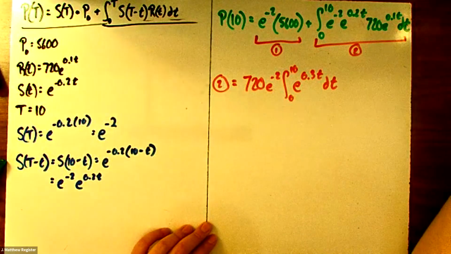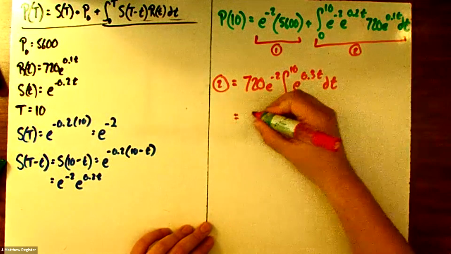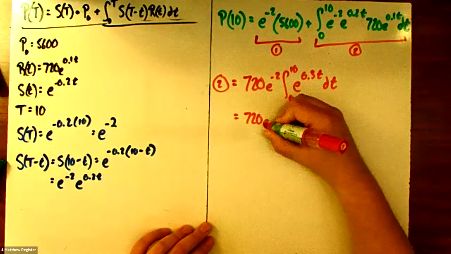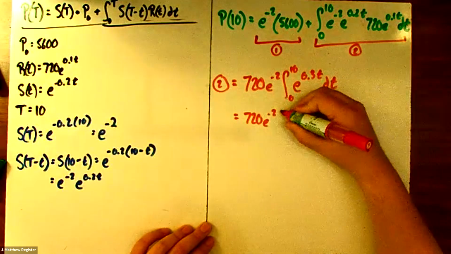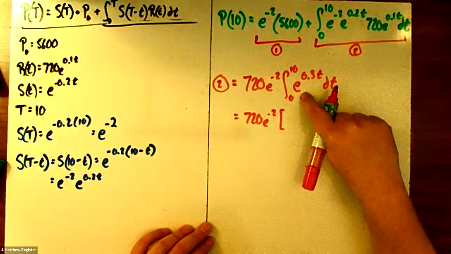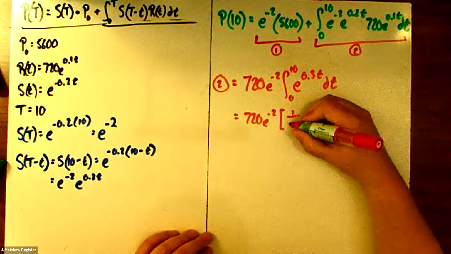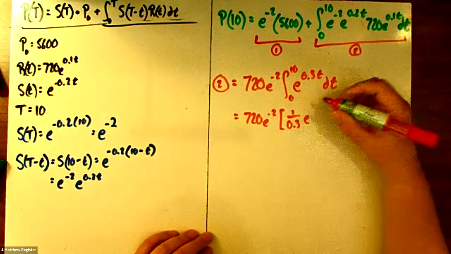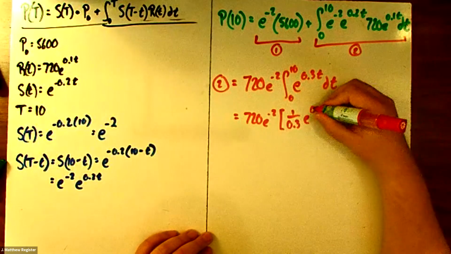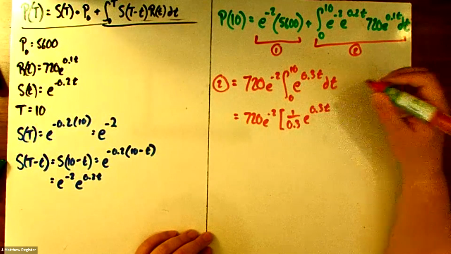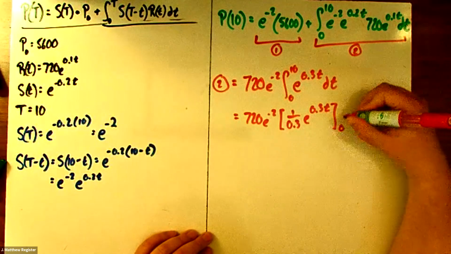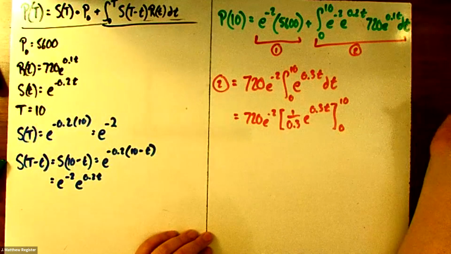And that's something we can integrate. The 720 e to the negative 2 just hangs out. E to the 0.3 t, when we integrate that, we'll get 1 over 0.3 e to the 0.3 t, which we're then evaluating from 0 to 10.